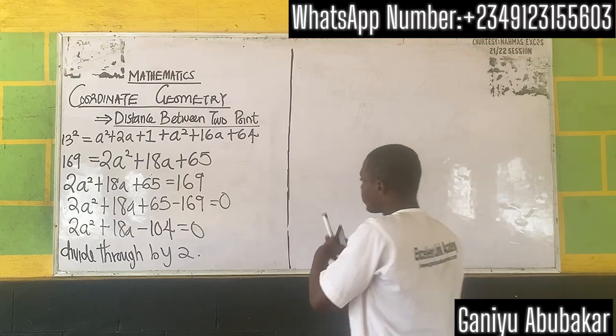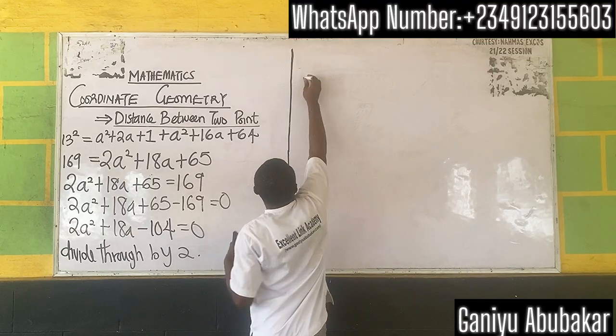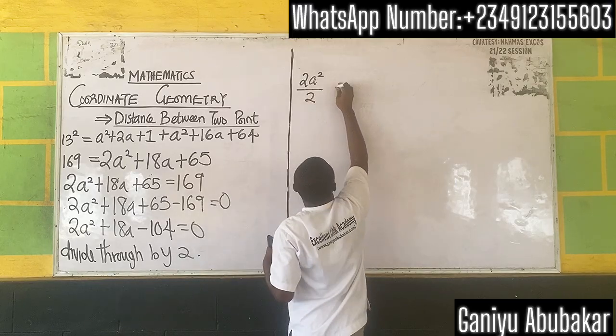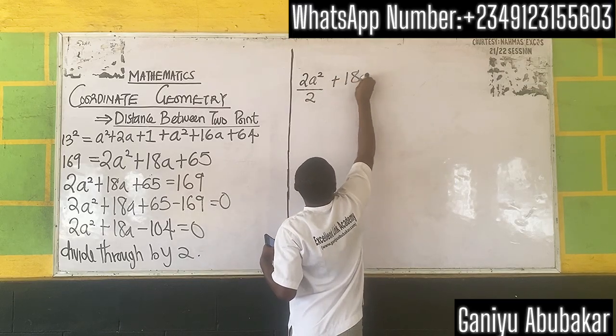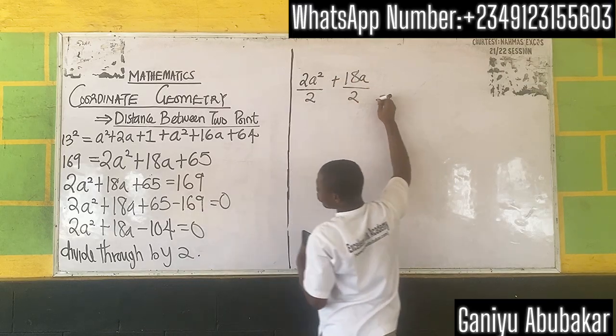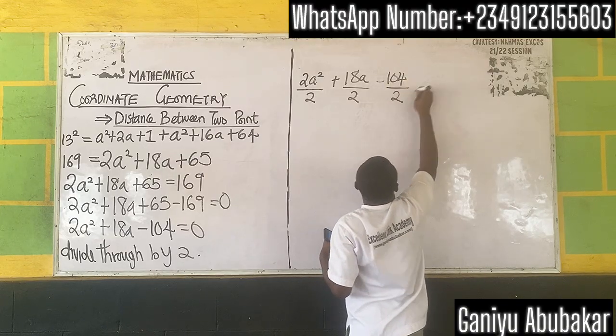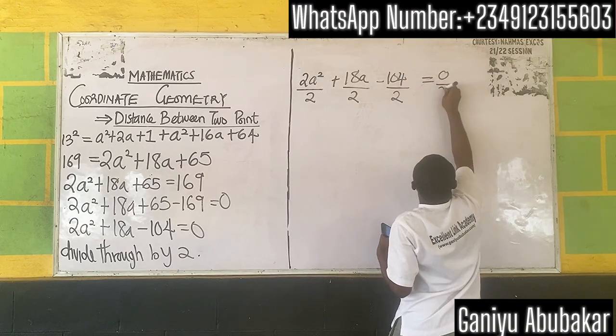All right, that gives you 2a squared over 2 plus 18a over 2 minus 104 over 2 equals 0 over 2.